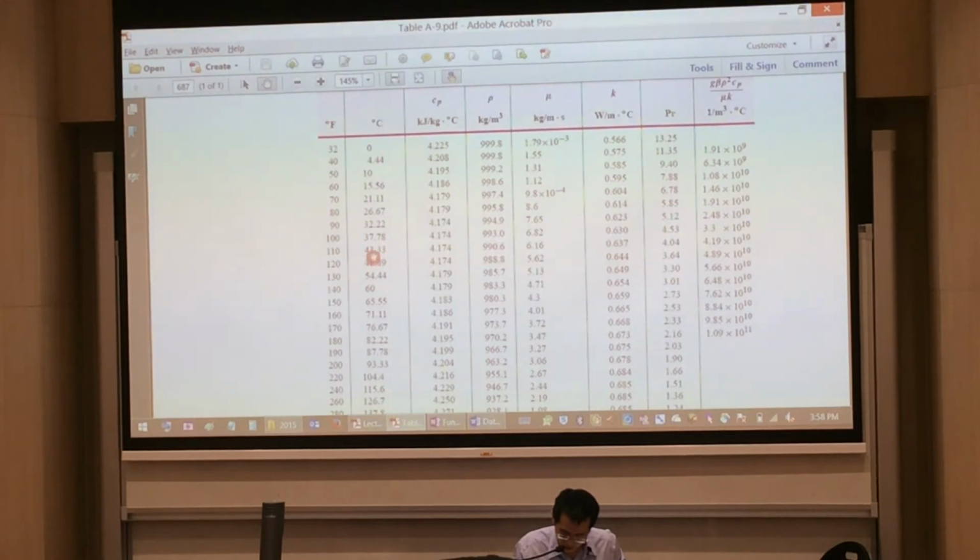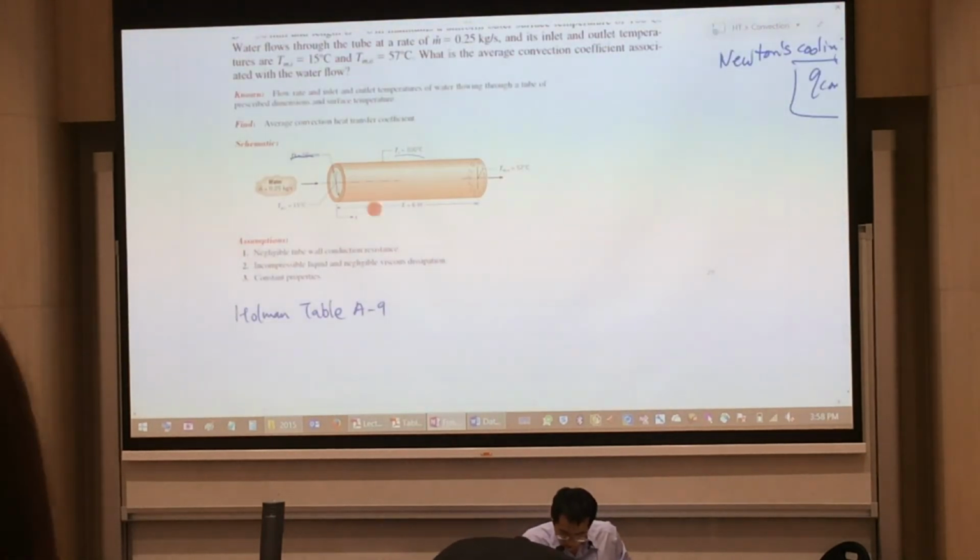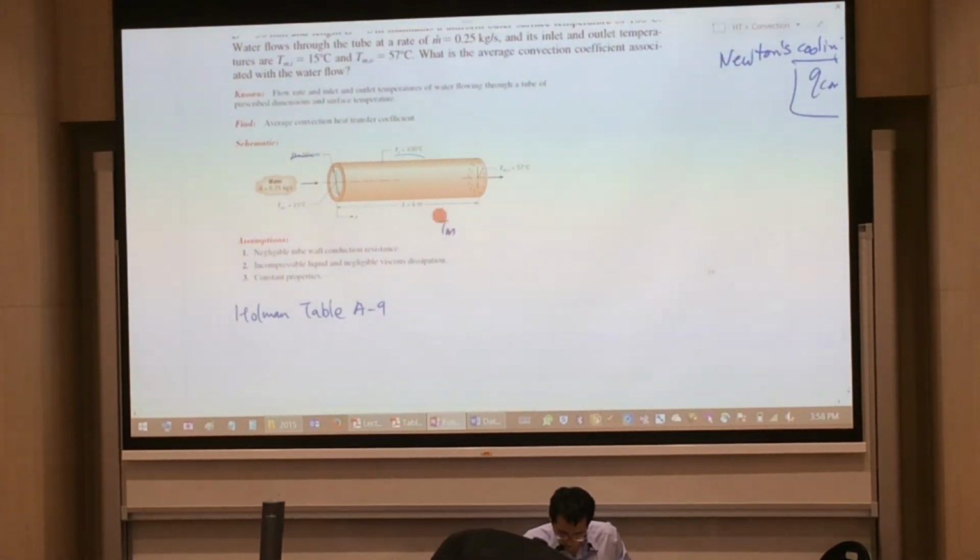So in our case, this is 36 degrees Celsius. That's my mean temperature. So I have 15 and 57, so my Tm mean is actually 36 degrees Celsius.